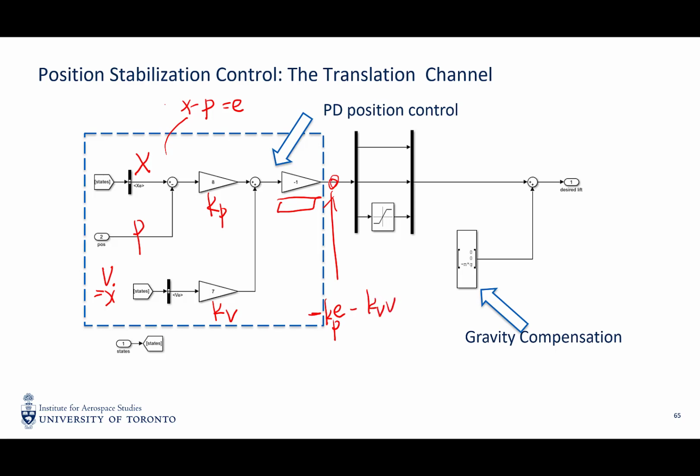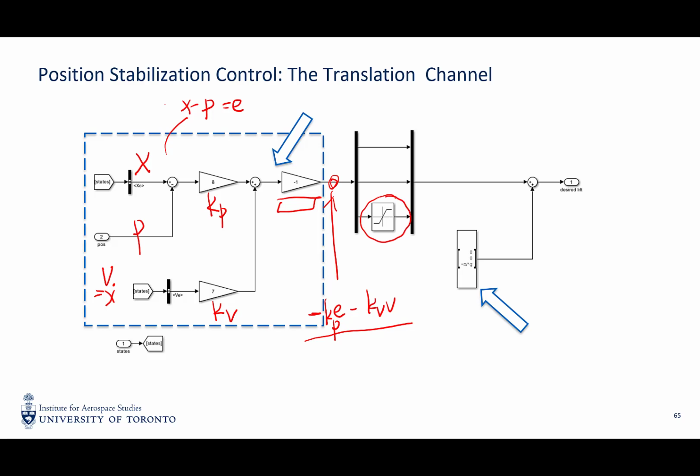The output of this PD controller calculation is minus KP times E minus KV times V. It is in three-dimensional space.